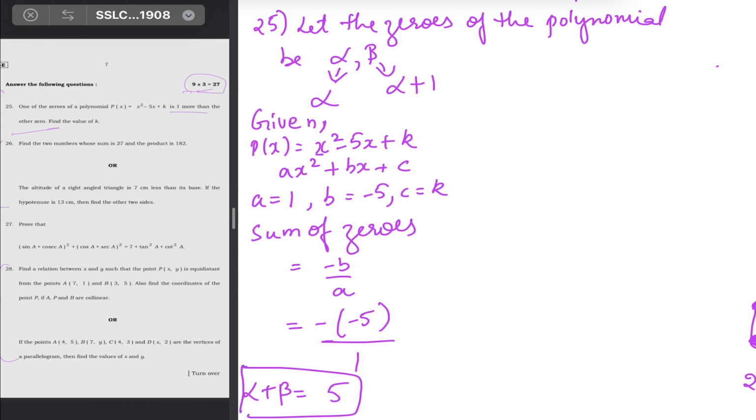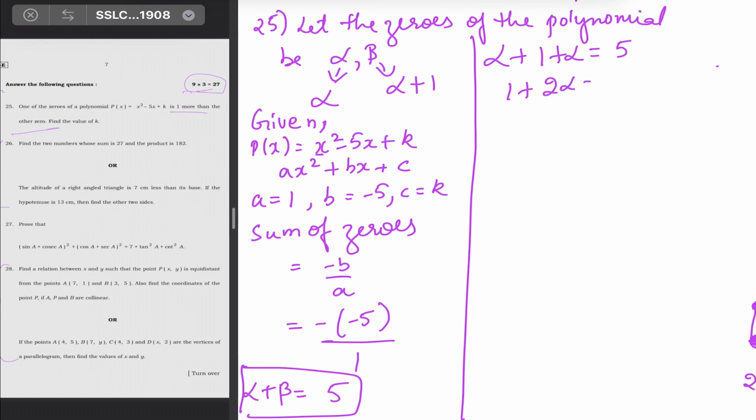Then substituting the value of alpha as alpha and beta as 1 plus alpha, we get alpha plus 1 plus alpha is equal to 5, that is 1 plus 2 alpha is equal to 5. Hence 2 alpha is equal to 5 minus 1, alpha is equal to 4 by 2, which is alpha is equal to 2.